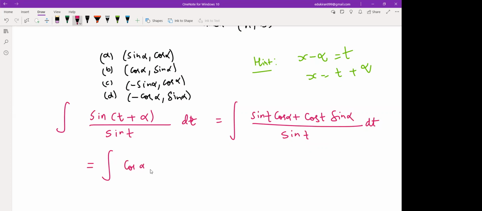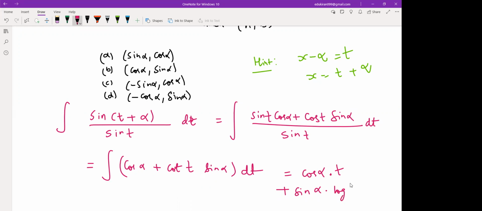It will be cos alpha, and cos t by sine t will be cot t sine alpha dt. Fine. So cos alpha into dt will be cos alpha dt, integration will be t, plus sine alpha and cot t dt. So integration of cot is log of sine t plus c. So we come till here.